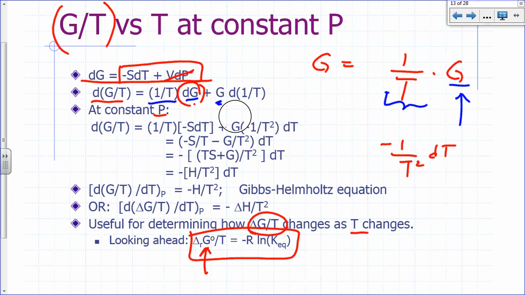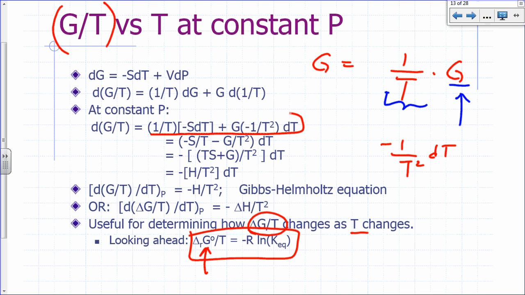So that's the short expression for d of G over T. We can do the algebra here. What did I do to get to this next step? I have negative S over T, and then I have negative G over T squared. I combined all of that and factored out the dT. What's the next step? How did I get from here to here?